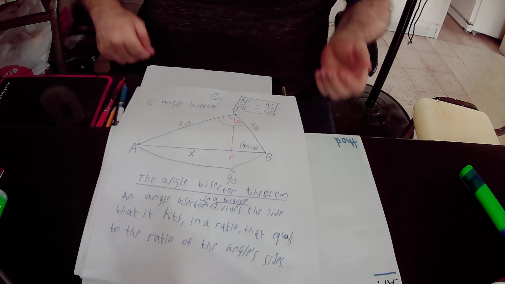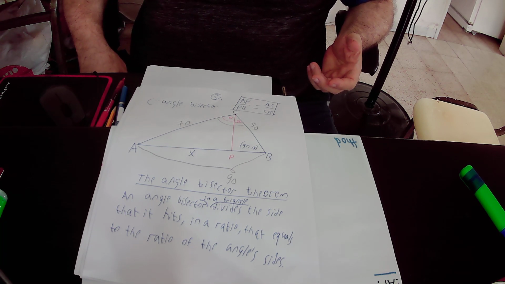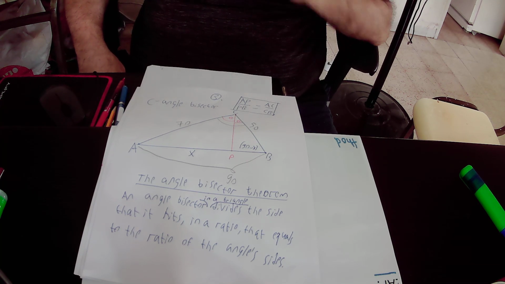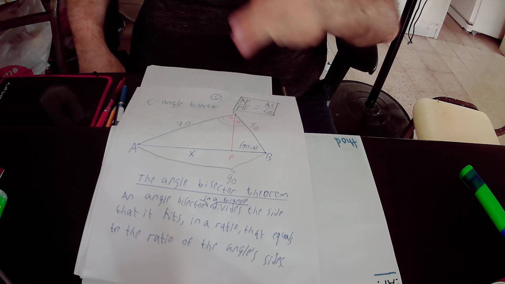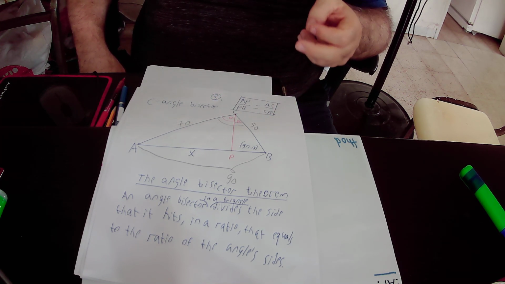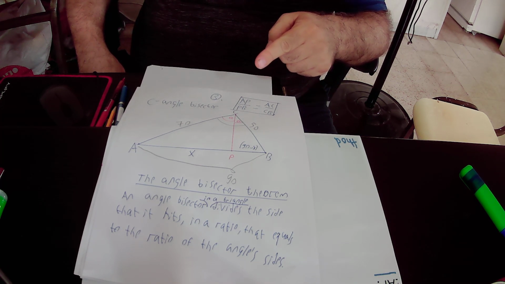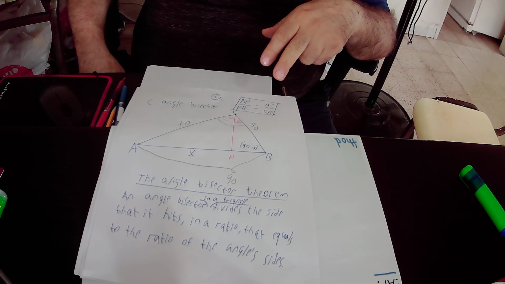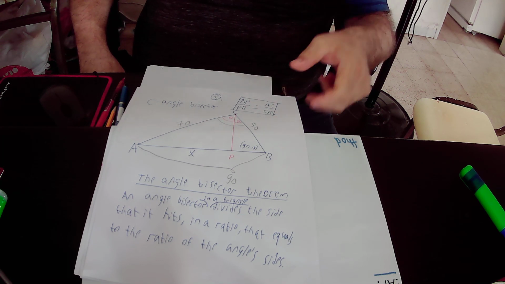So according to the angle bisector theorem, we use this equation, and we defined AP as x and PB as 90 minus x. So we can substitute AP by x and PB by 90 minus x, and AC by 70 and CB by 50.